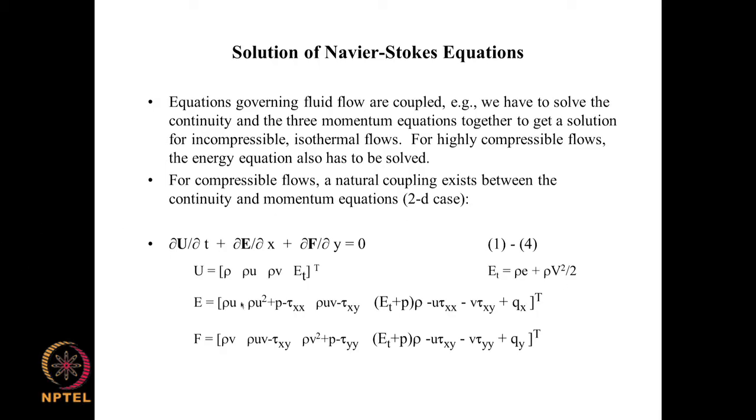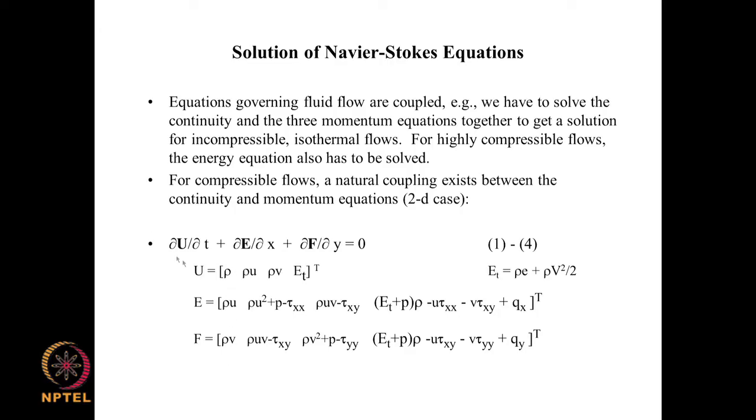Okay. So, in that sense U takes on 4 different values for the 4 different equations, and similarly E and F. So, if you want to reconstruct from this the continuity equation, you take the first value of this, first value of this and first value of this.